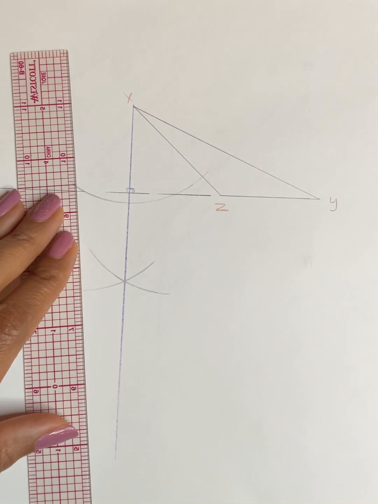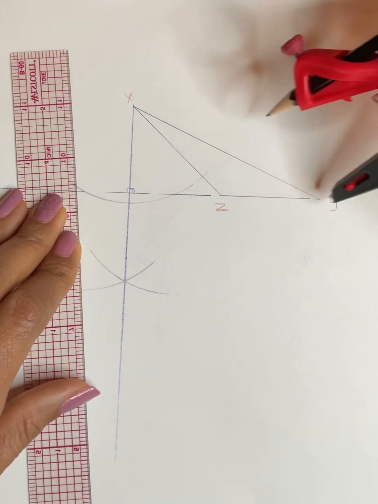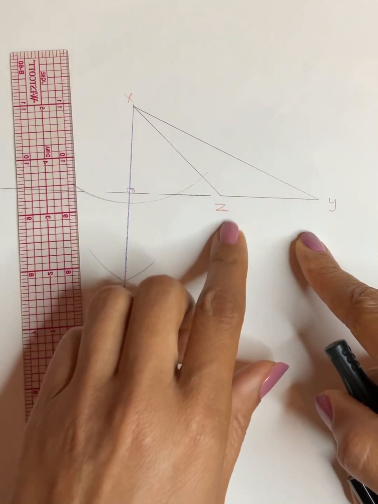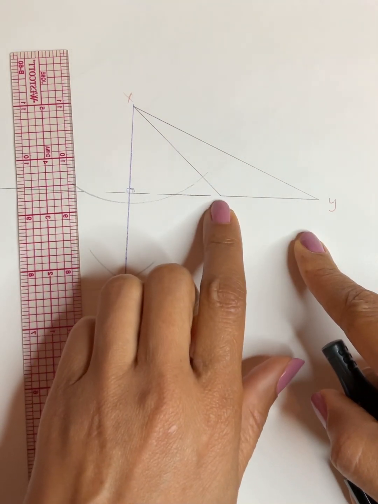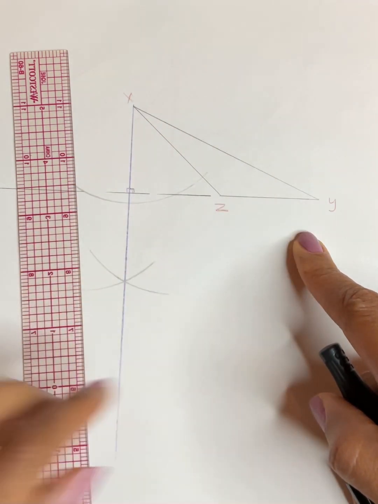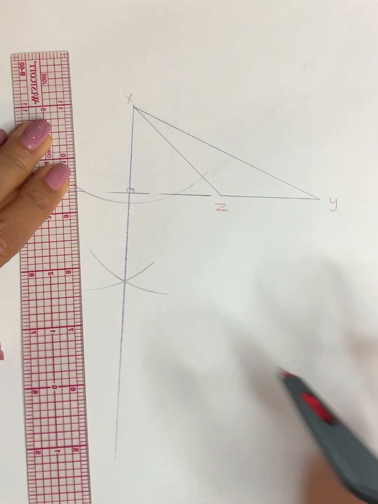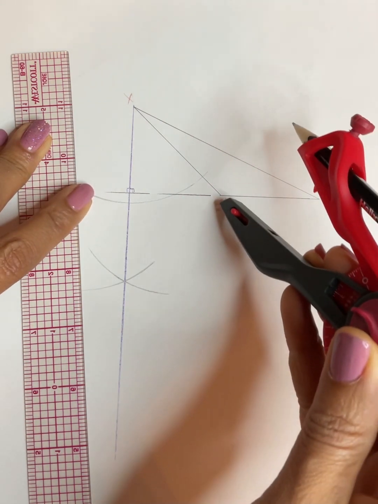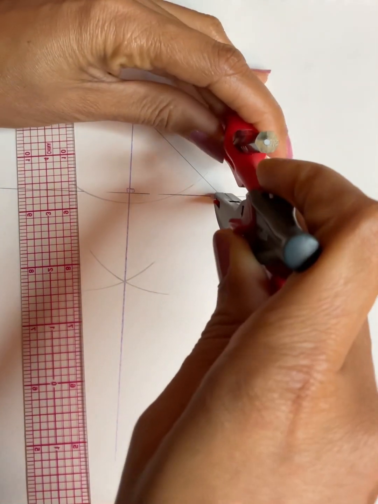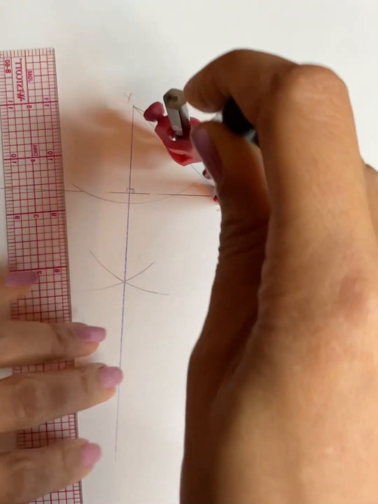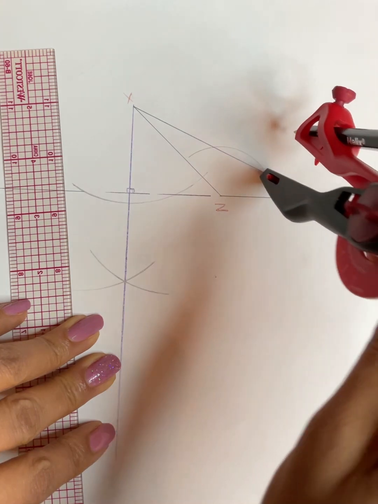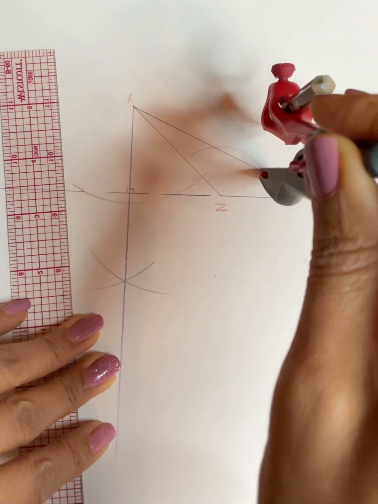Now I have to repeat the same steps to create an altitude from vertex Z, but it's going to be going along that segment XY. So I'm going to create an altitude from here, vertex Z, place my pointer there, and I'm going to come in a little bit because I just needed to intersect in two places, right?